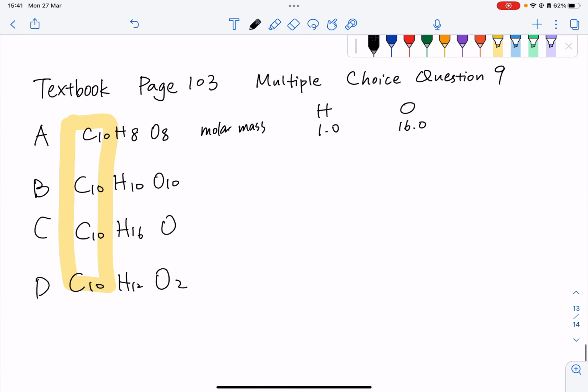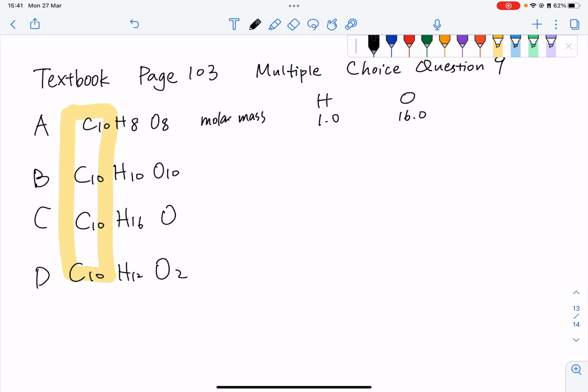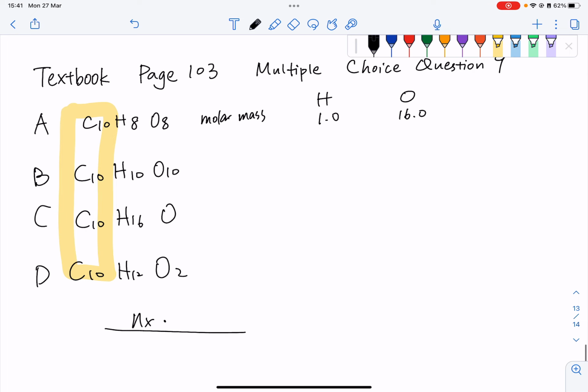So remember from our percentage by mass equation, it will be the number of atoms times the relative atomic mass, and then divided by the compound, right? Within every molecule, the compound here should be exactly the same.